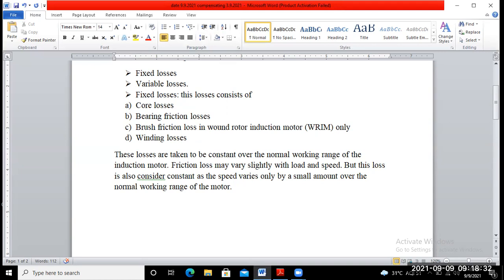So that frequency is very low in the rotor circuit. As a result, rotor core losses, almost proportional to frequency square, are a smaller value, so we can neglect this one. That means we can just consider the constant value of the core loss.